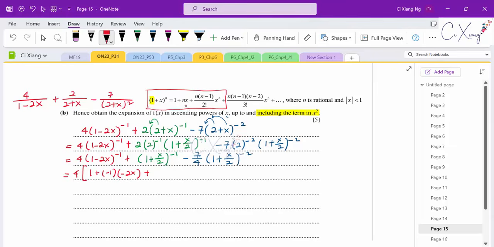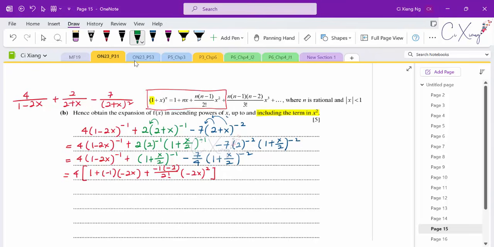Then n(n - 1), so you're having negative 1 times negative 2, divided by 2 factorial, then x squared, where your x is negative 2x and you square it. So this is my first bracket. After I expand until x squared, I stop.